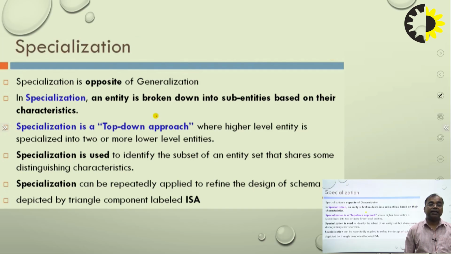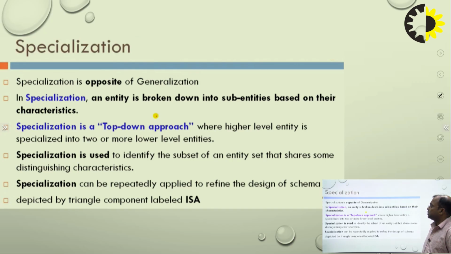Specialization can be applied to refine the design of a schema, where we have to refine things in an ER diagram. With the help of specialization we refine the design of a schema, and we do it with the help of the "is a" relationship.